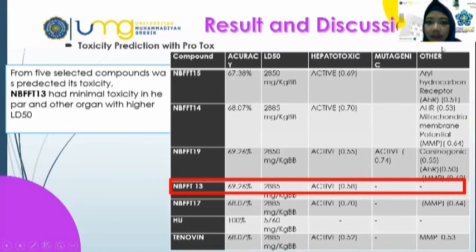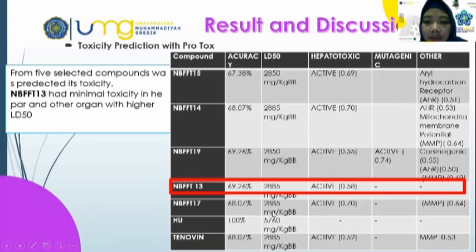And then we predicted the 5 selected compounds in ProTox, and we have the results in this slide. Okay, we can see that all of the compounds have a very high LD50. It is non-toxic, because the toxicity is only approaching 60 to 70%.